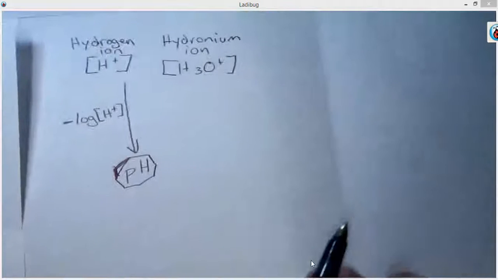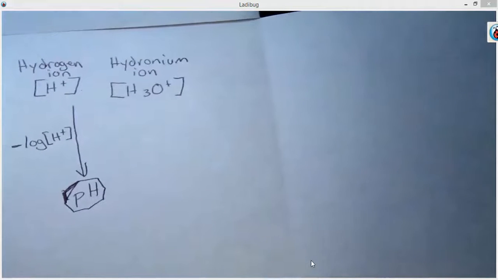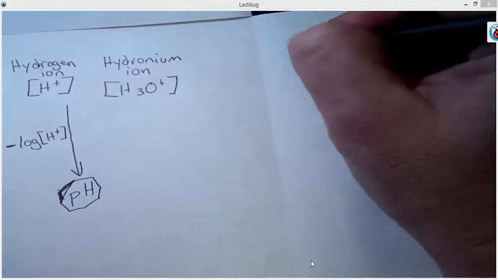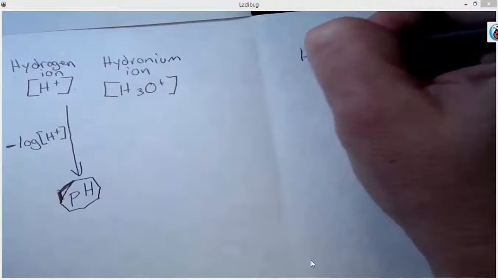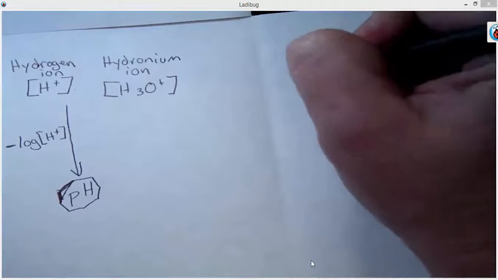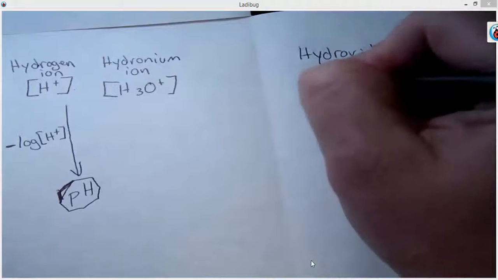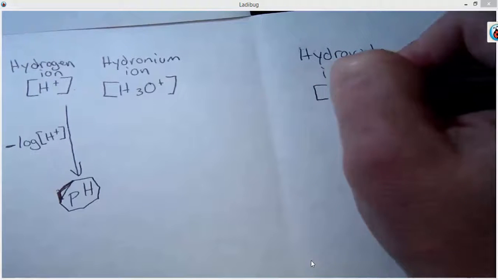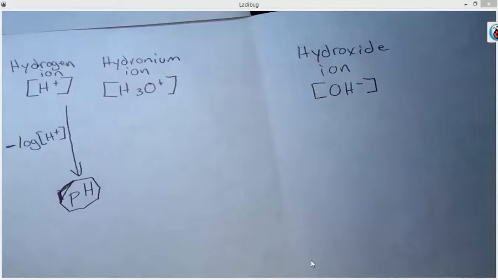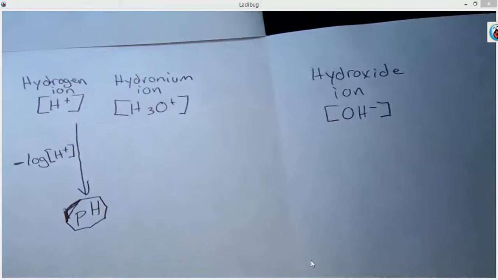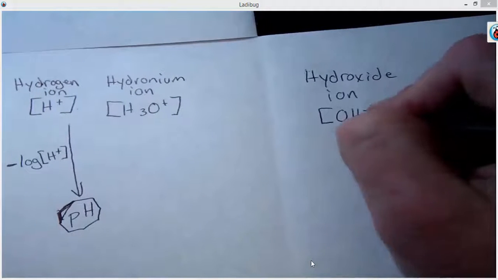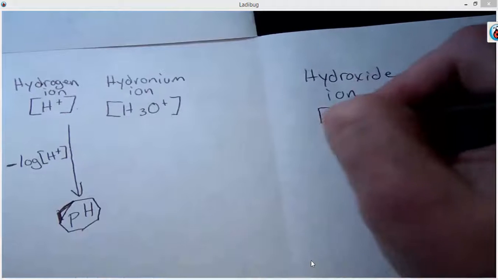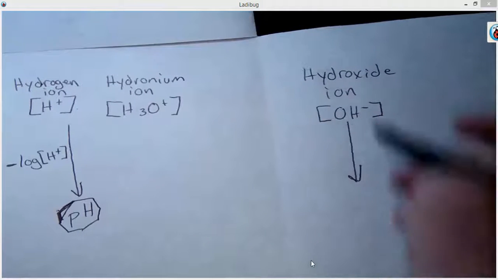Now we're not always given the concentration of hydrogen ions. Sometimes we're given the concentration of what are called hydroxide ions. Remember, hydroxide are OH ions. So if we're starting here, we will never end on this side. If we want to get to pH, we can't go directly to pH.